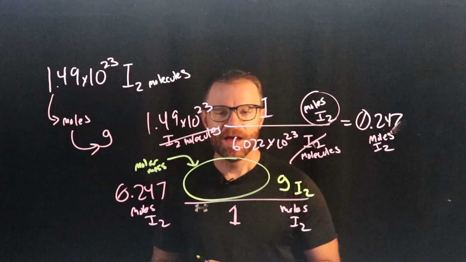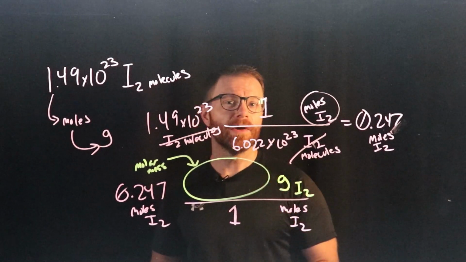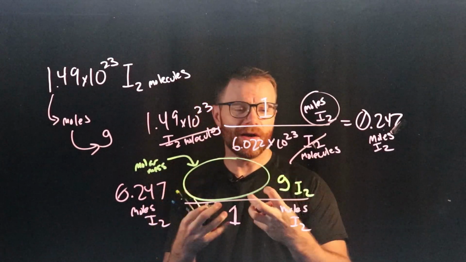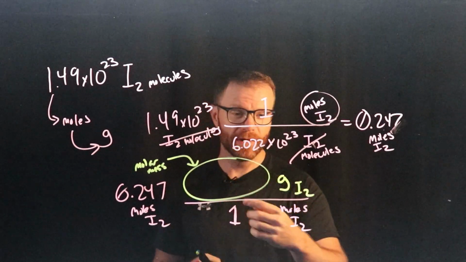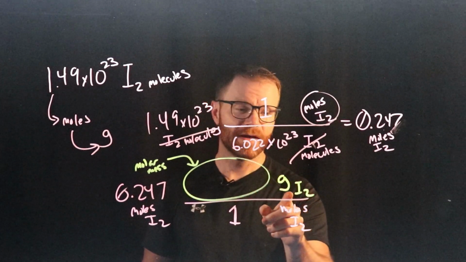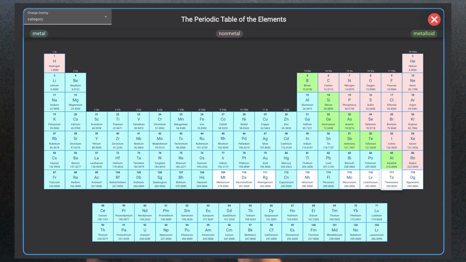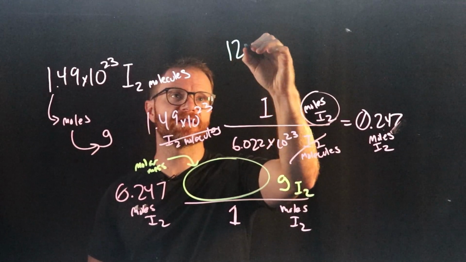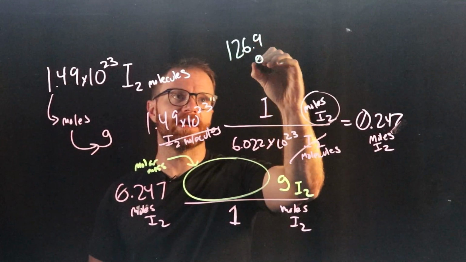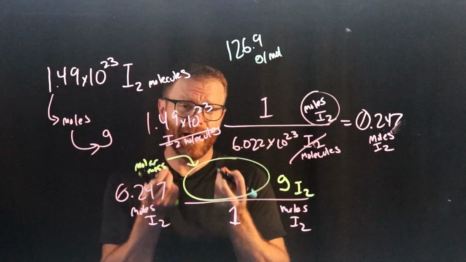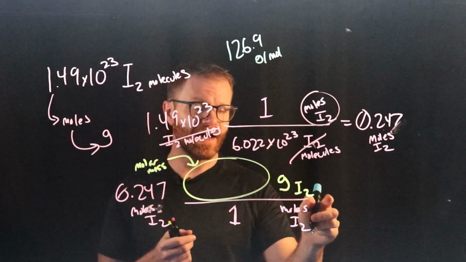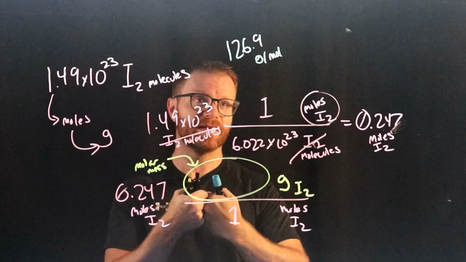Yeah, okay. To find the molar mass, all we need to do is add up the atomic masses of all the elements in that compound. And the only element in this compound is iodine. If we want to calculate this molar mass, let's look up the atomic mass of iodine in the periodic table. And we see that it's 126.9 grams per mole. Now, of course, this isn't iodine, this is I2, two iodines bonded together.